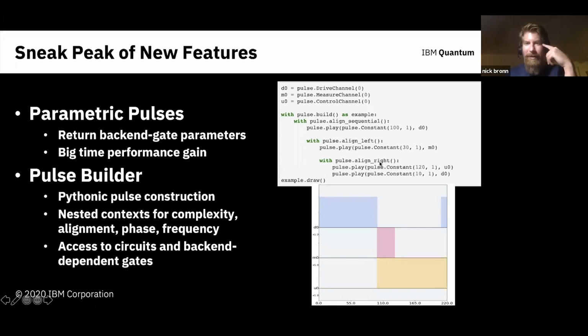So you do that, to the next control channel. And what this does is it aligns it to the right, but still left justified with that pulse before, but then the other pulse here is aligned to the left as well. So you can start making some very complicated schedules, and you can also do this with phases and frequencies.